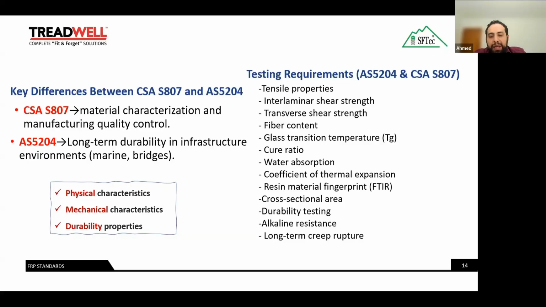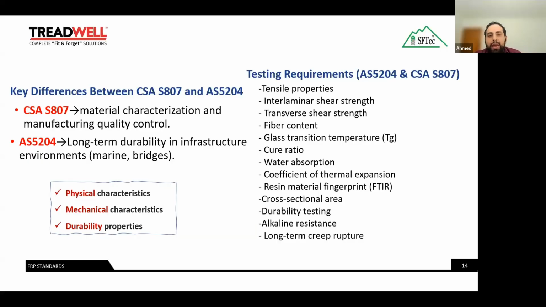It should be mentioned that AS5204 is based on CSA S807 and also ASTM D7957 and ASTM D8505. These tests evaluate several important properties of FRP bars, in three main categories: physical properties, mechanical properties, and durability properties. For physical properties, it includes glass transition temperature, cure ratio, water absorption, fiber content, and FTIR.